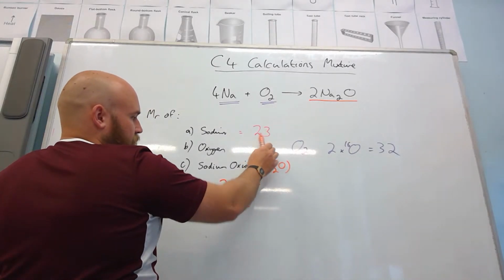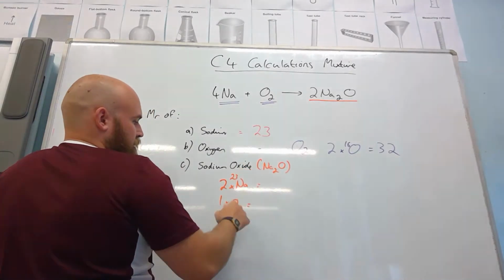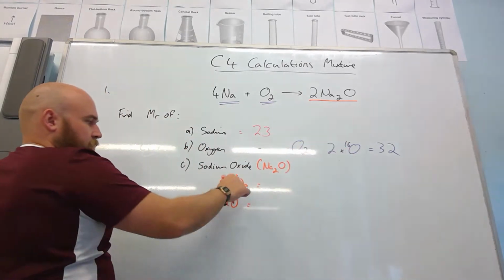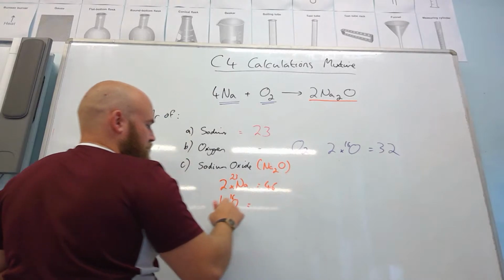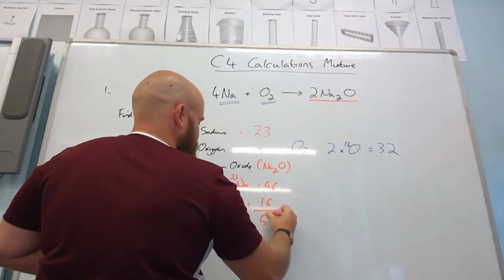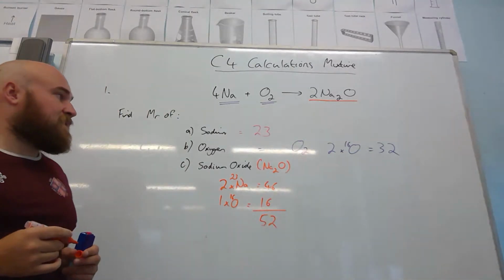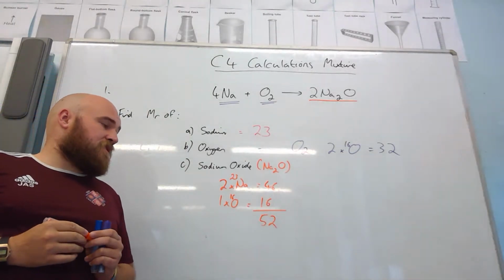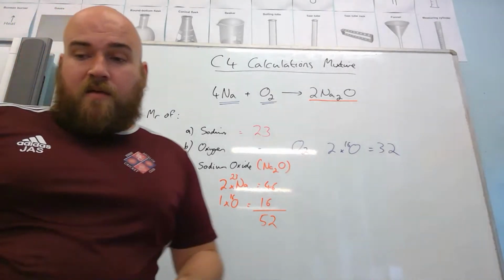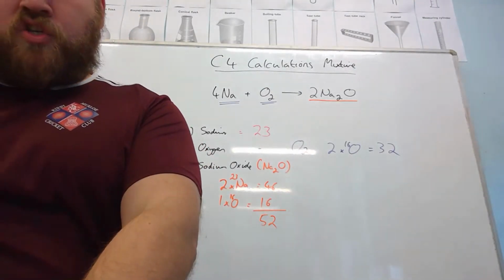I know that sodium weighs 23 and oxygen has a mass of 16. 2 times 23 is 46. 1 times 16 is 16. Add those together, 62. So the answers to the first 3 questions are 23, 32, and 62. Right, I'm just going to clear the board and we'll have a go at question 2.